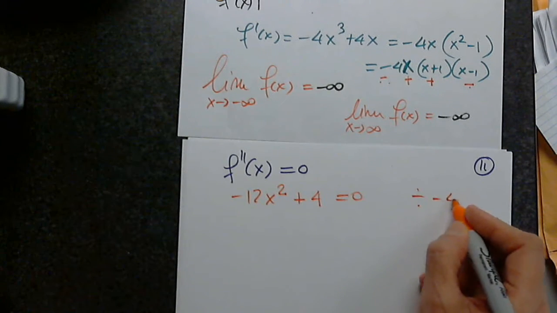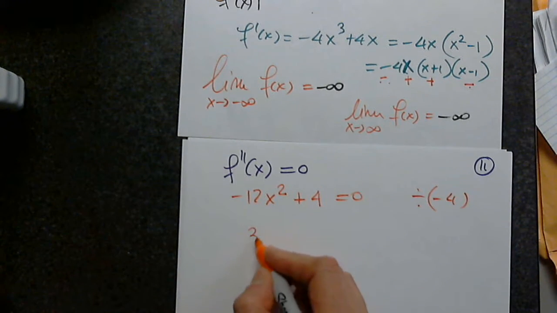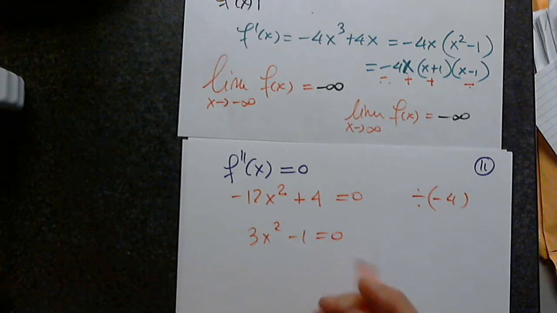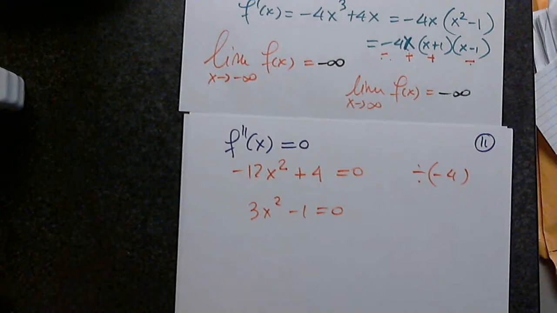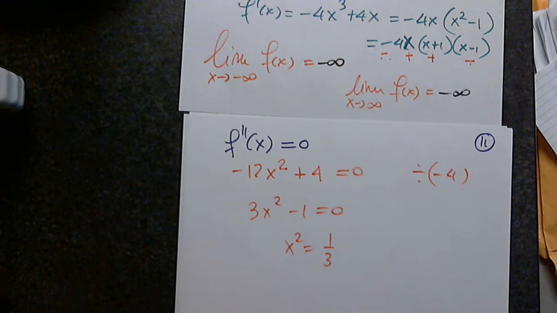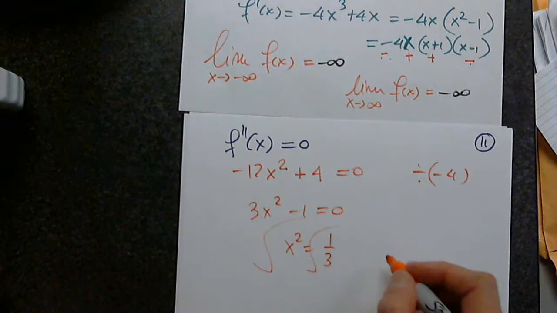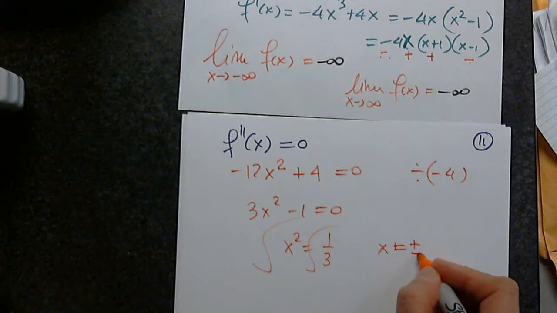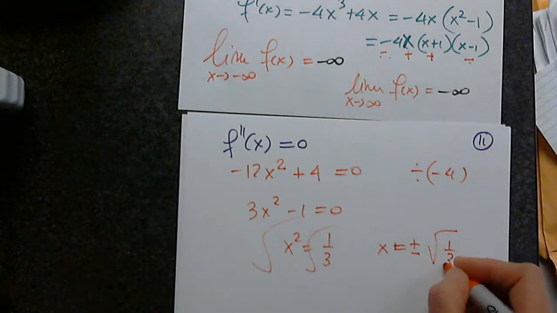I will divide both sides by -4. So I have 3x squared minus 1 equals 0. Then I get x squared equals 1/3. And I cannot forget to put plus or minus the square root of 1/3.